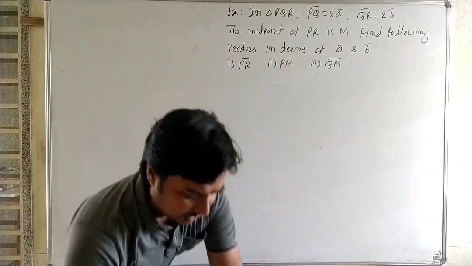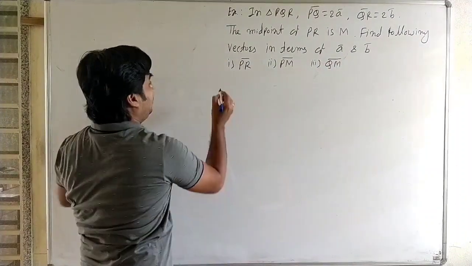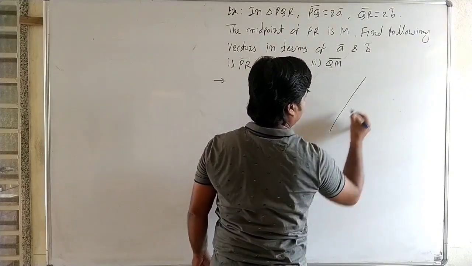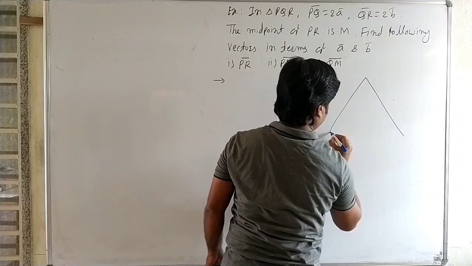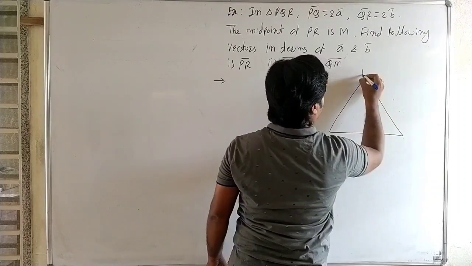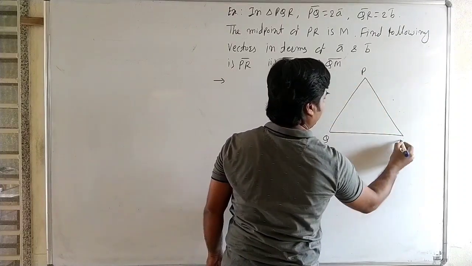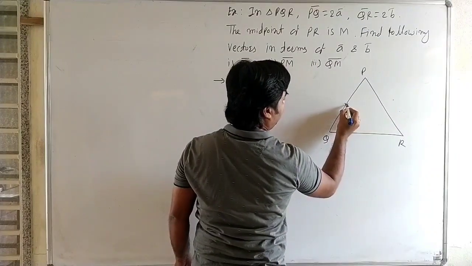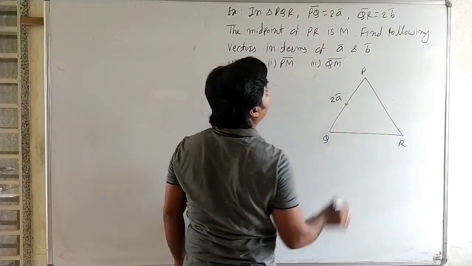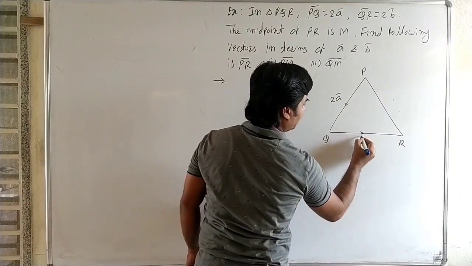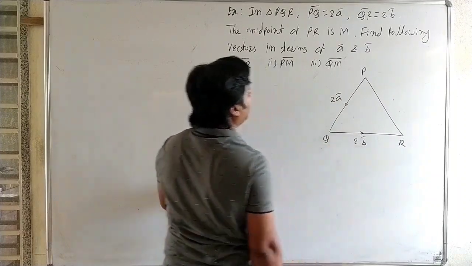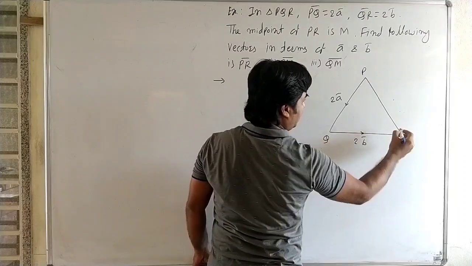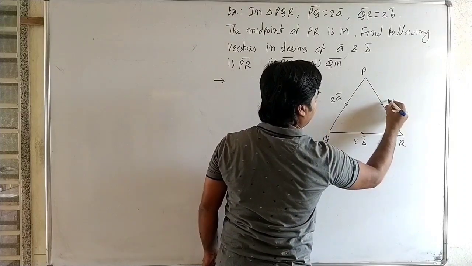Okay, now here it is given the triangle PQR. It is given that vector PQ is 2A bar, vector QR is 2B bar, and the midpoint of PR is M.